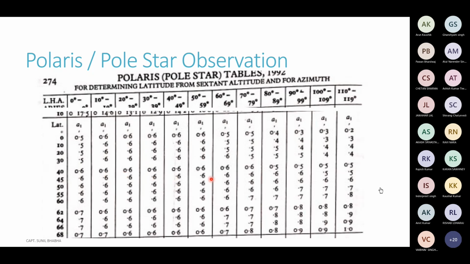The maximum difference you will see between two values can be 0.1 only. So no interpolation is required. You can pick up the nearest value. For latitude also, you see the latitude is given as 10, 20, 30, 40, 45, 50, and so on. So whichever is the nearest latitude to your DR lat, that latitude can be picked up without any requirement of interpolation.